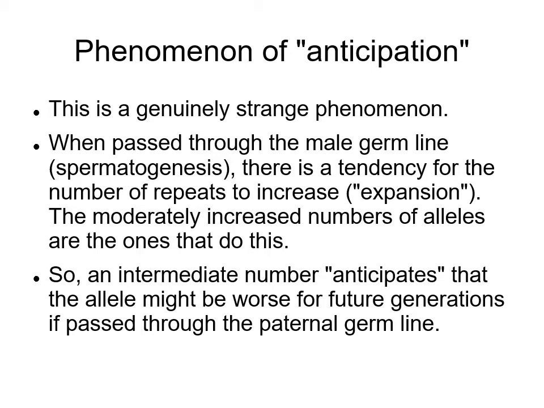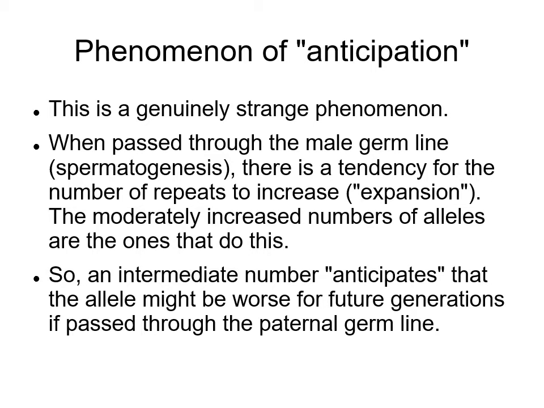Okay, this anticipation phenomenon is really genuinely strange. The idea is you have a person who's kind of borderline, maybe they've got a little bit too many repeats, but not enough to be sick. If that allele is passed through the male germline, which is to say it's a male that has this borderline level of repeats, and then he has children, during spermatogenesis, for some reason, the number of repeats actually increases.